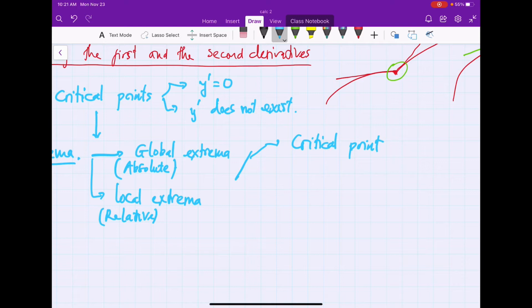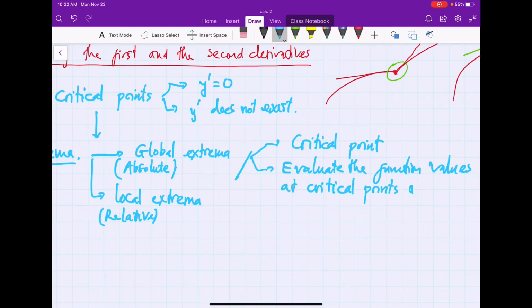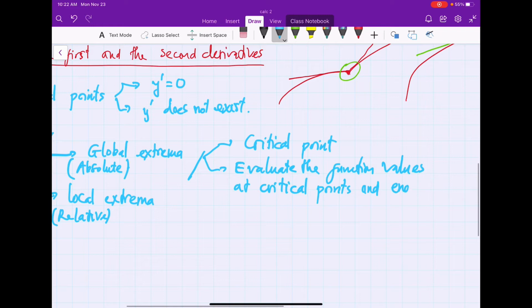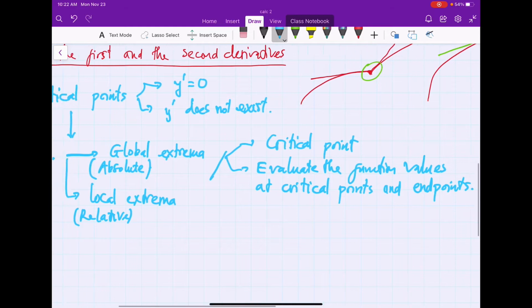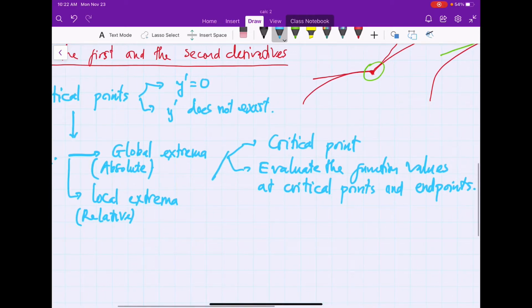Of course, in this case, we know how to find global extrema on a closed interval. And then we evaluate the function value at critical points and endpoints. From there, we can find the greatest and the smallest, as maximum or minimum, right?